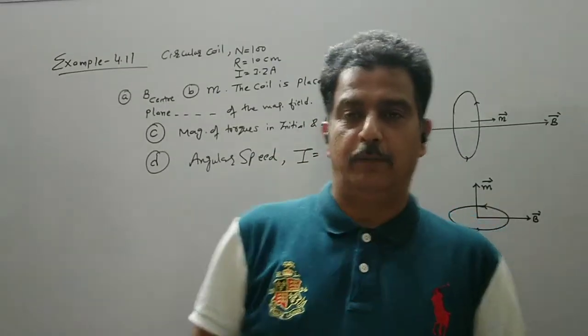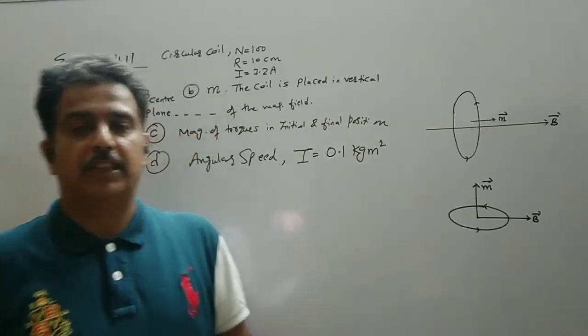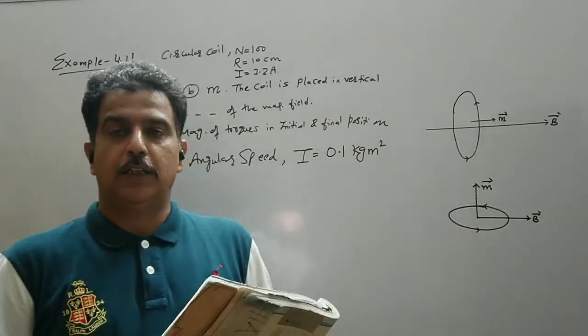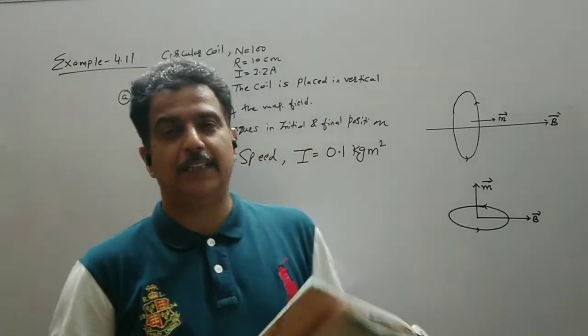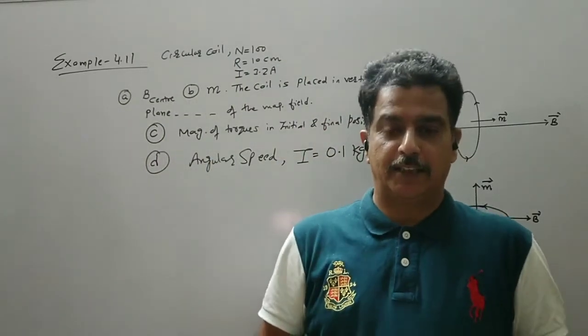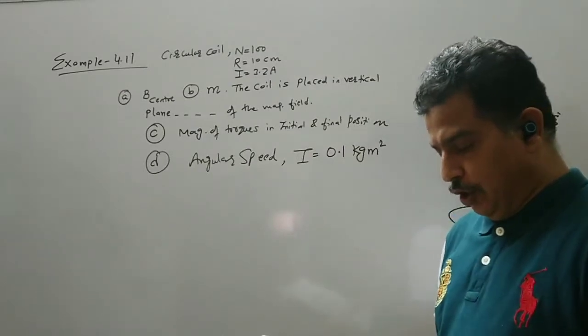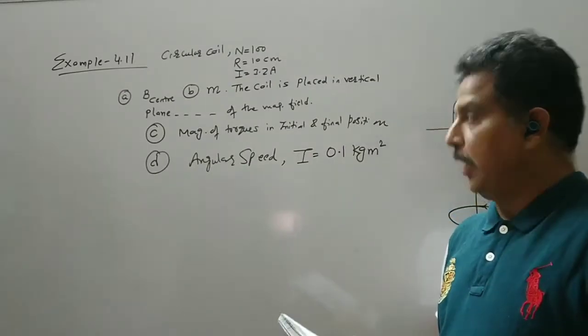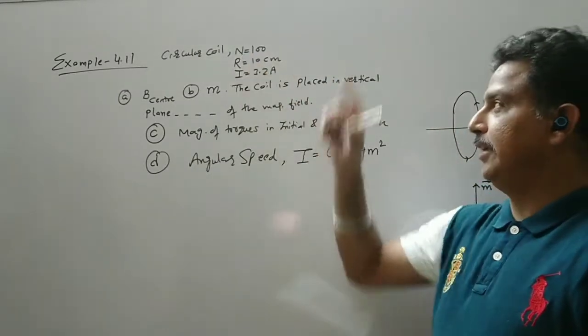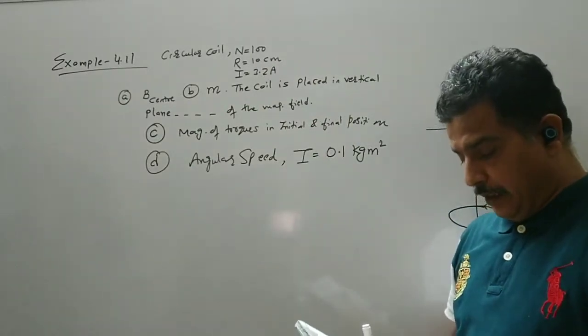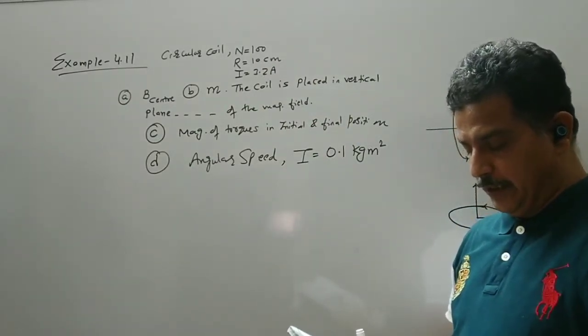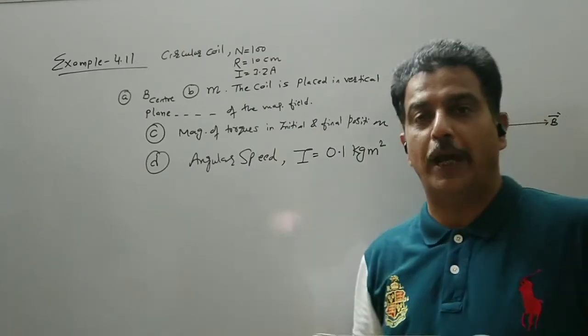See example number 11, which is related to the torque acting on a rectangular loop, a theory which we did in the last lecture. We have a 100-turn closely wound circular coil. So the number of turns is 100, having the radius 10 centimeters, and it carries a current of 3.2 ampere.